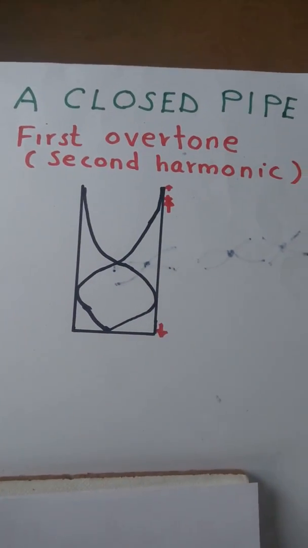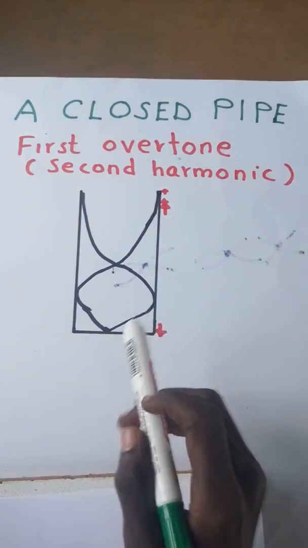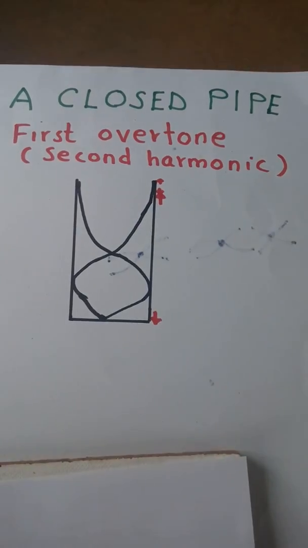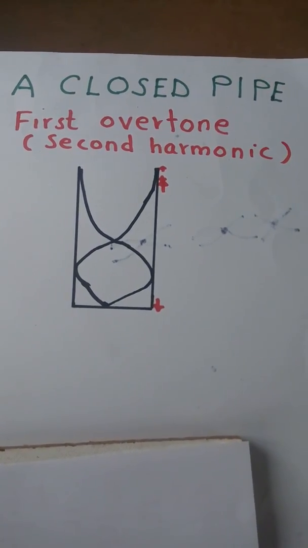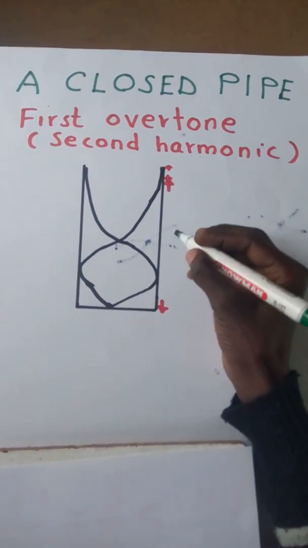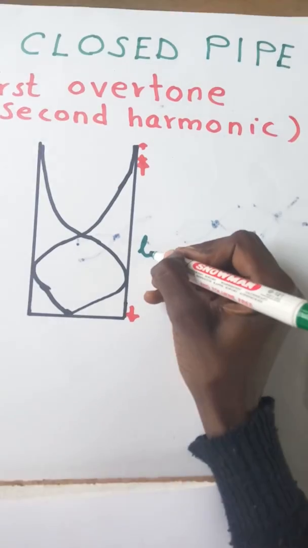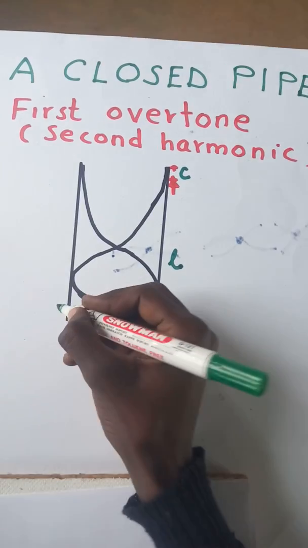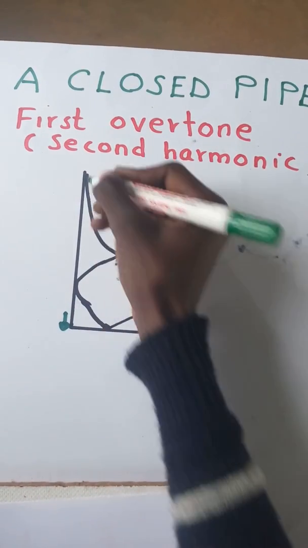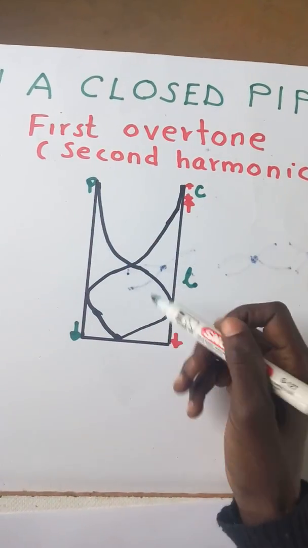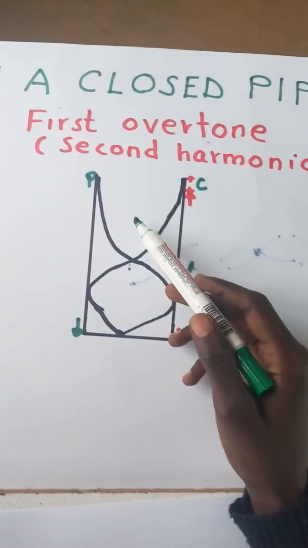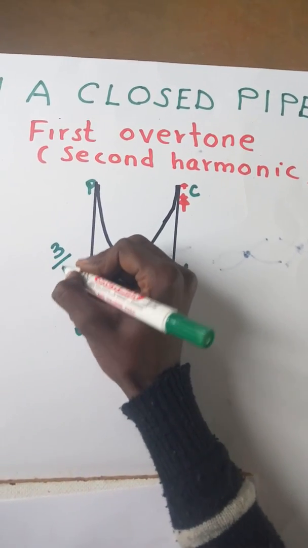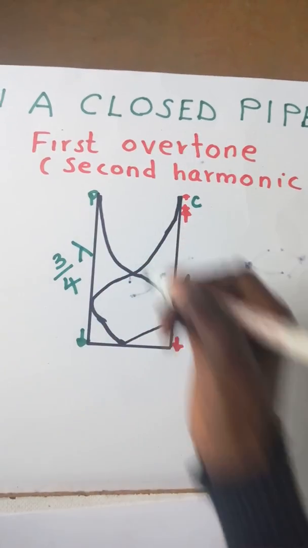Okay, so let's see the first overtone, which is equal to the second harmonic. From here up to here is the length of the closed pipe, and this is the end correction. This is half wavelength plus quarter wavelength, which is 3/4 wavelength.